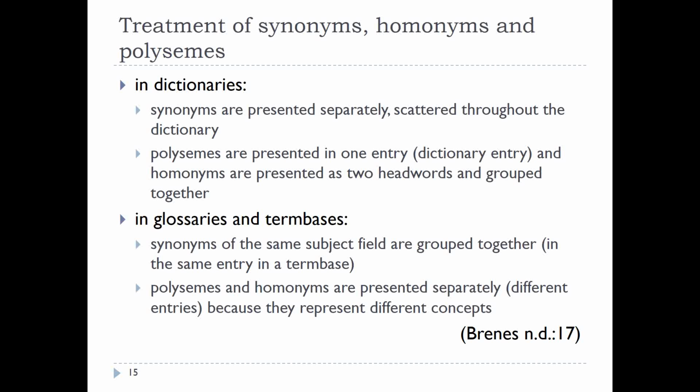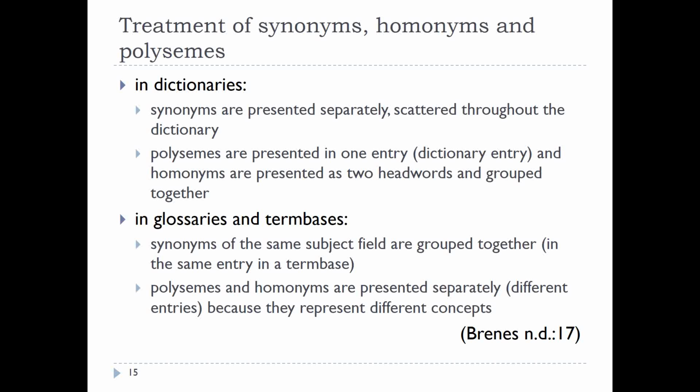Moving on, let's have a look at how synonyms, homonyms, and polysemes tend to be treated in dictionaries and in term bases. So synonyms, you're of course familiar with synonymy. Homonyms are when two different words either look the same or sound the same. For the purposes of term bases, it would be a question of looking the same, being spelt the same way. Whereas polysemes would be separate meanings of a single word.